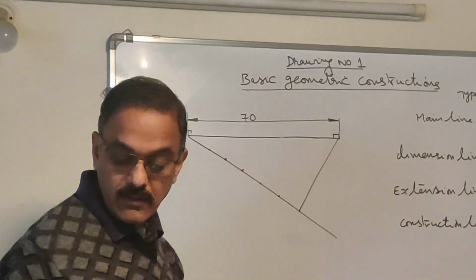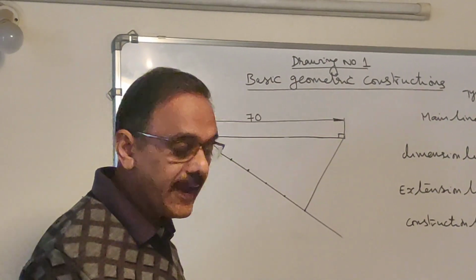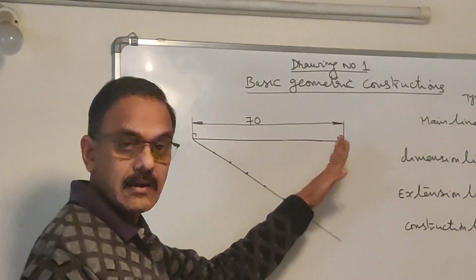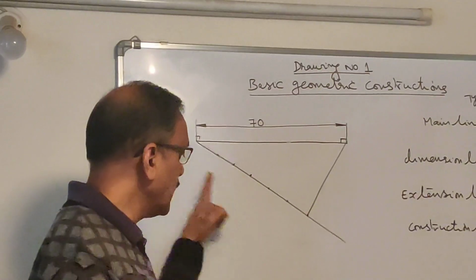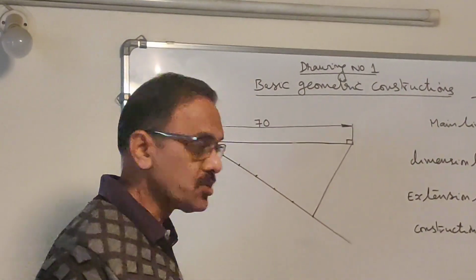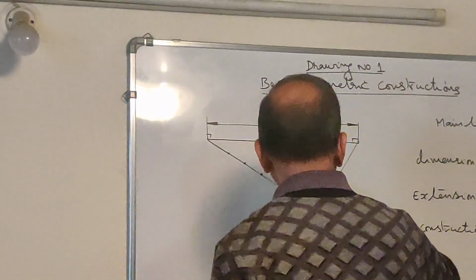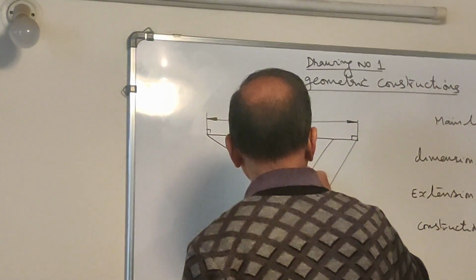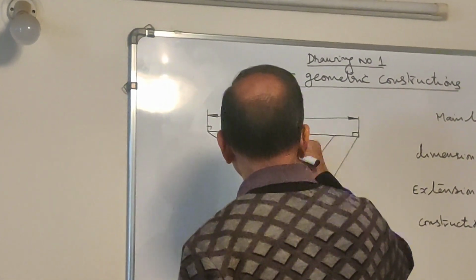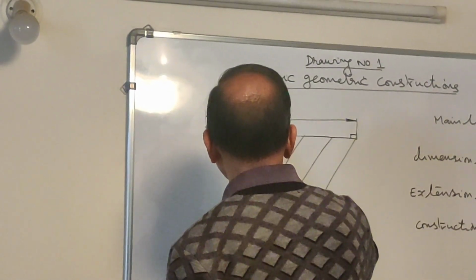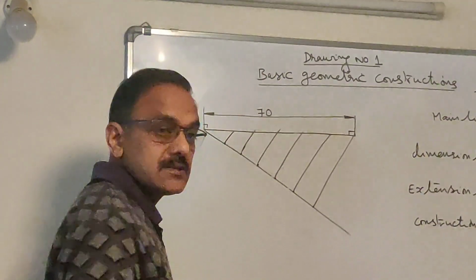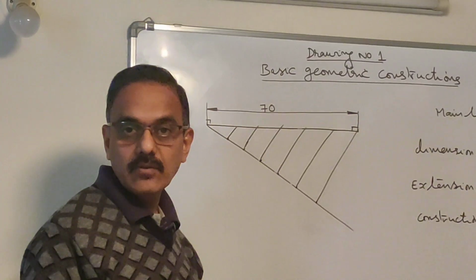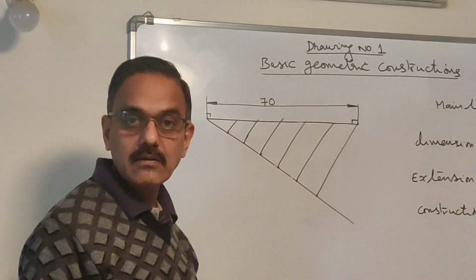So basically what you are doing is you are drawing lines parallel to the line that is obtained from the remaining division points using your rotoscale. Okay. So just go on drawing lines parallel to the first line that you have got. All these lines are parallel to each other. Okay, you have done it using a rotoscale.